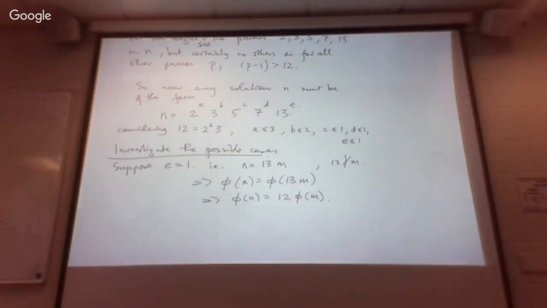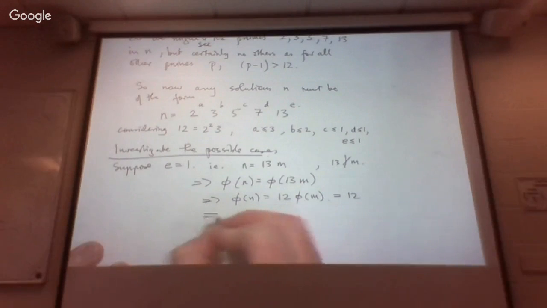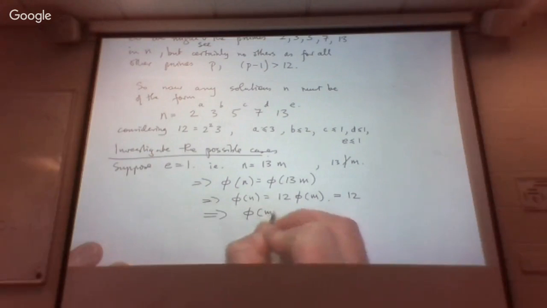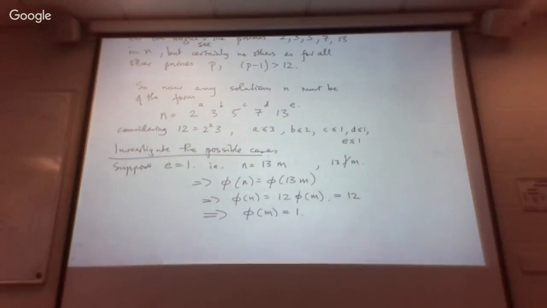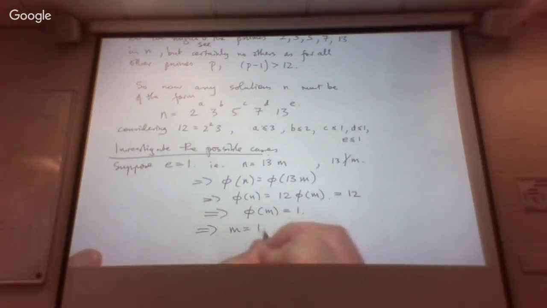And if this is equal to 12, remember this is the equation we're trying to solve, well, this implies that phi of m has to take the value 1. And there are 2 numbers which have phi value equal to 1. And that is m equal to 1 itself, and 2.